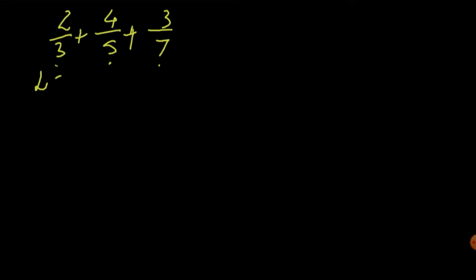Here the LCM is 3 multiplied by 5 multiplied by 7. 5 3s are 15, 15 7s are 105. So in such type of fractions where the denominators have no common factor, take the LCM directly.